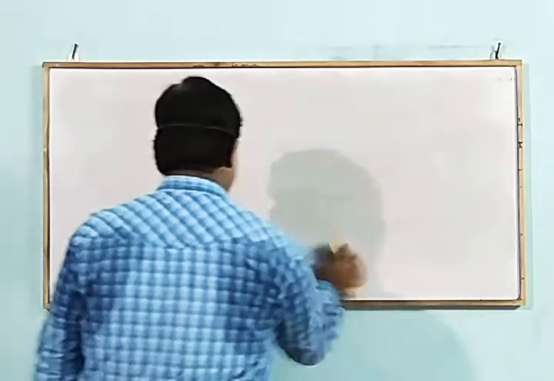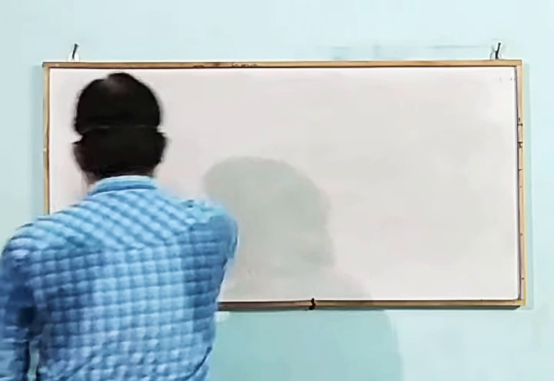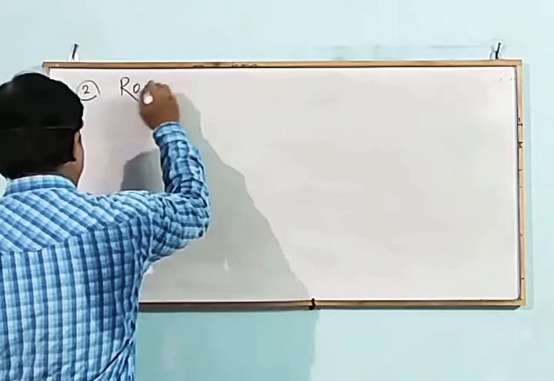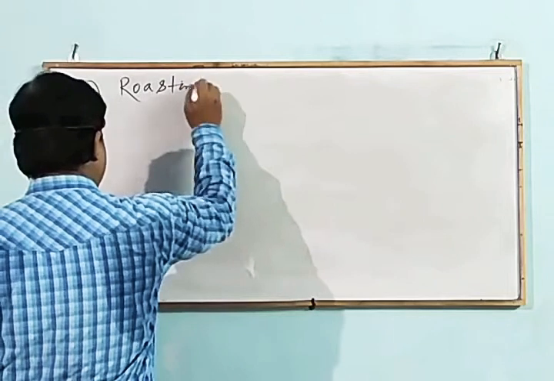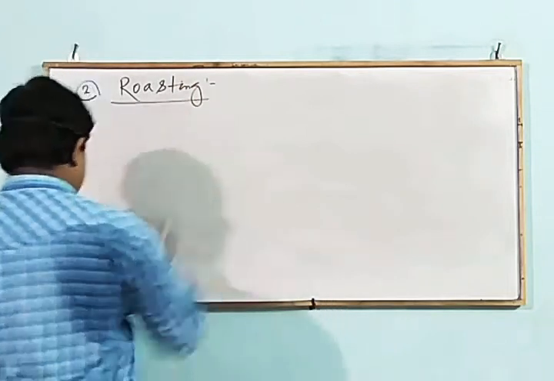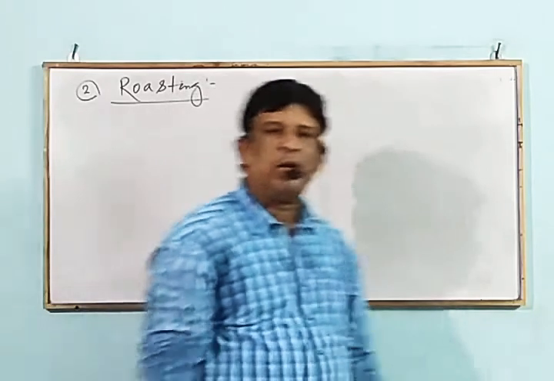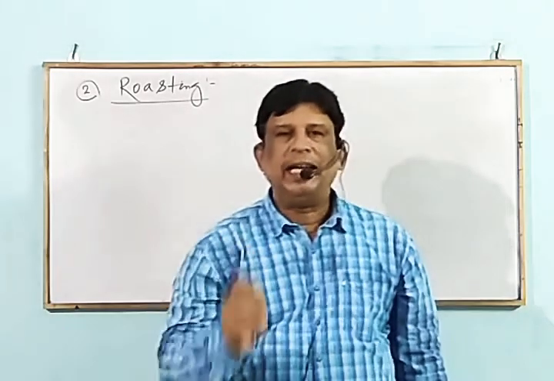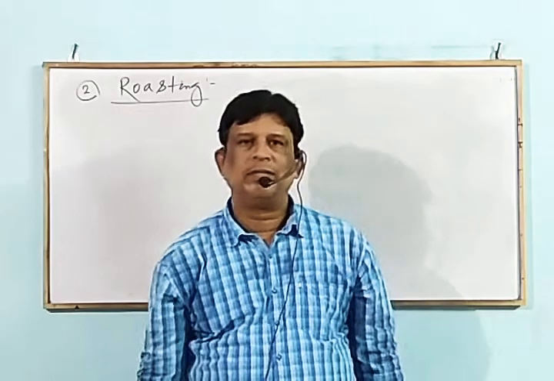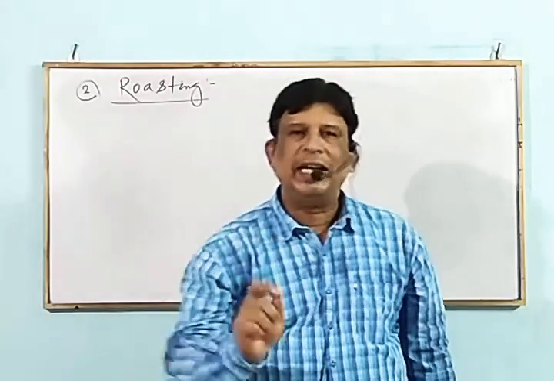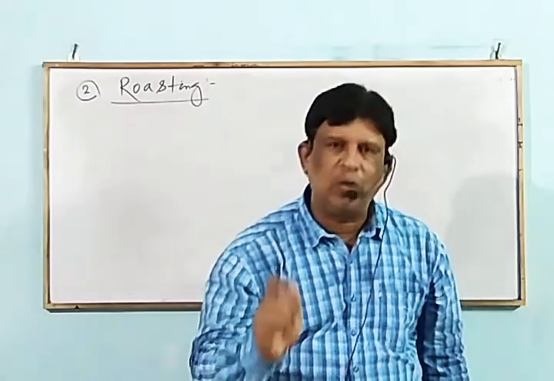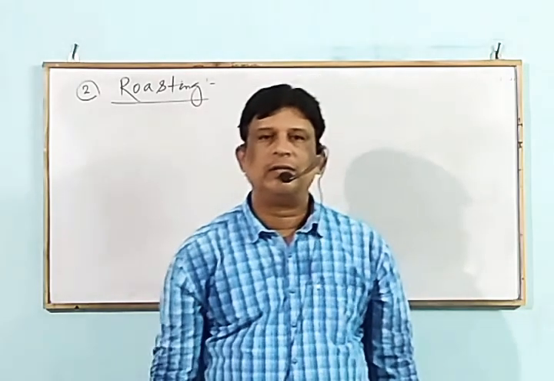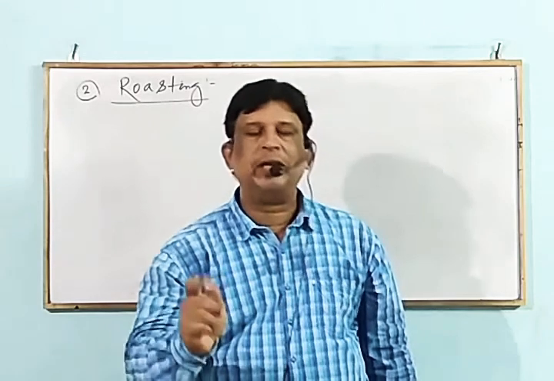The next process is known as roasting. What do you mean by roasting? It is a process of heating strongly the concentrated ore in excess supply of air, but below its melting point.